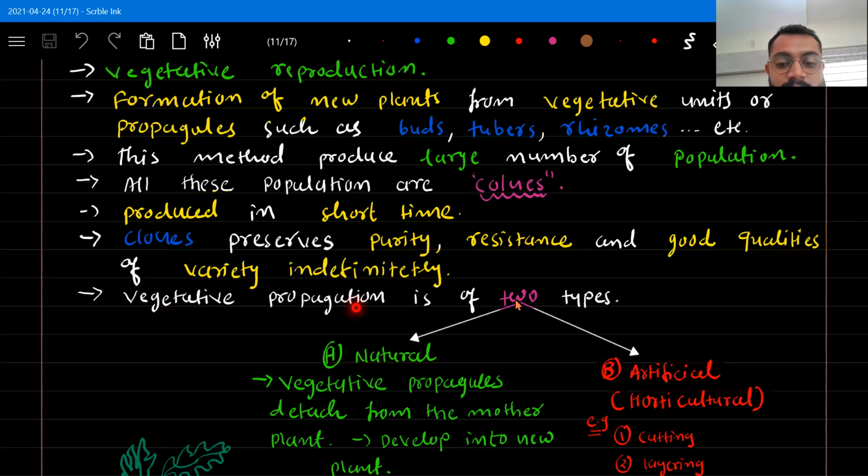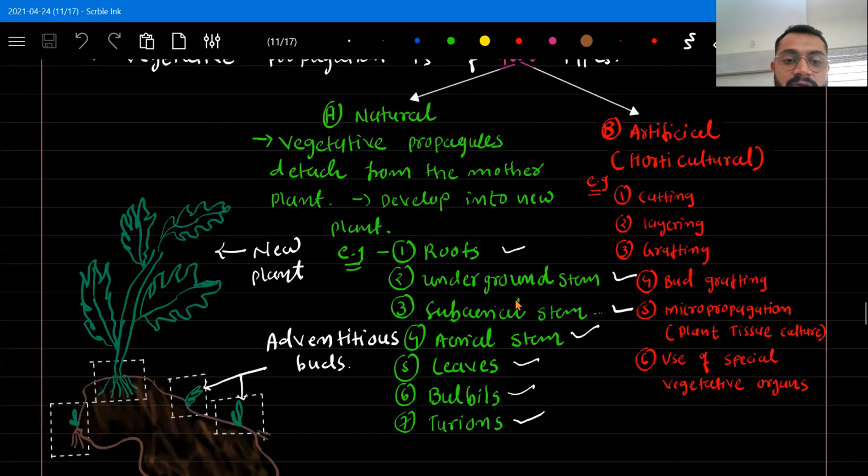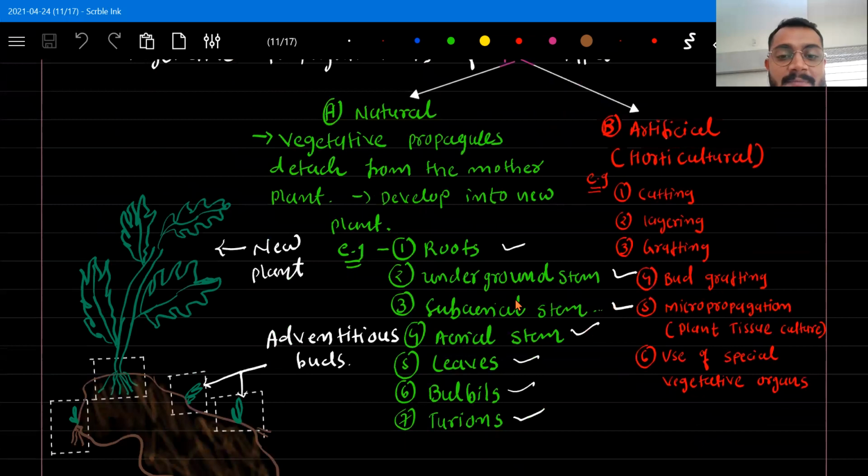So there are two types of vegetative propagation. The first one is natural, which occurs naturally, and the second one is artificial. Now in the natural one, what will happen?